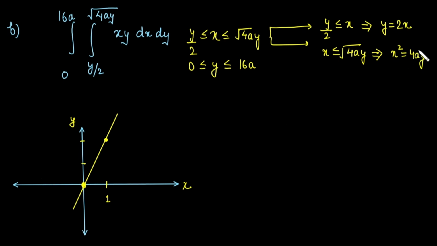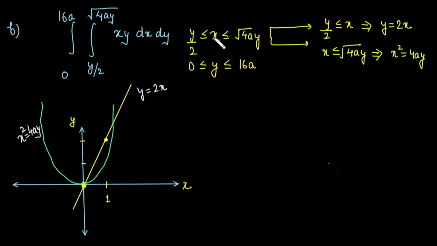In that case, the value of y is always positive as a is greater than 0. So it is a parabola open towards the positive y-axis. So here we have taken the parabola x square equal to 4ay and this line y equal to 2x.